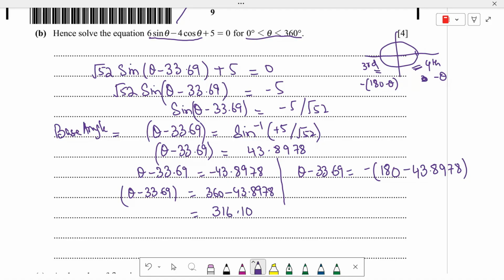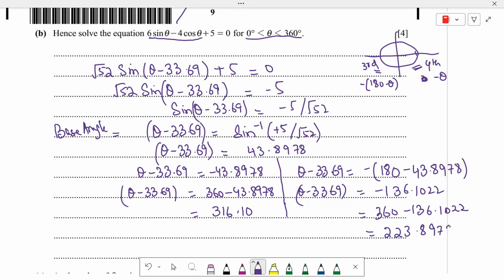316.10. And on the other side, theta minus 33.69 is equal to negative 136.1022, and when we add that to 360, minus 136.1, this will be equal to 223.8978.